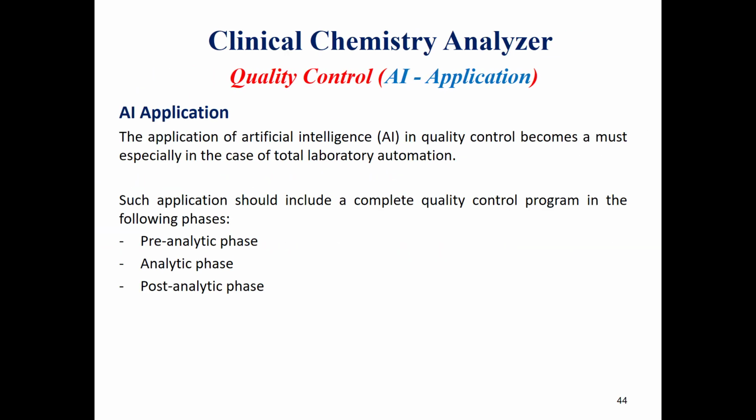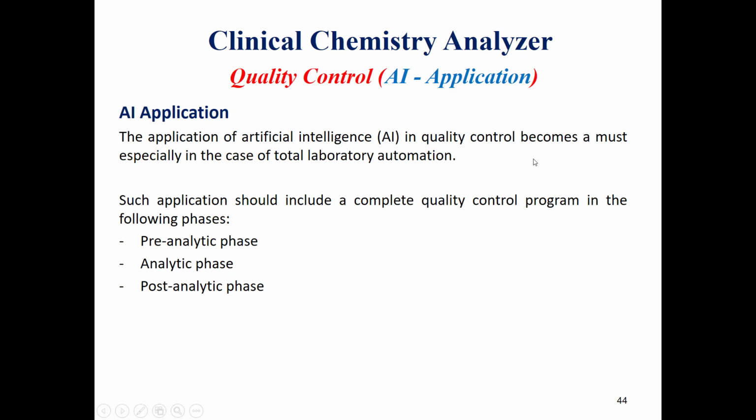Finally, I will talk about the application of artificial intelligence, or AI, in a clinical chemistry analyzer. The application of artificial intelligence can be seen in the clinical chemistry analyzer, for example in the case of autoreflex, which is one of the features of the analyzer.